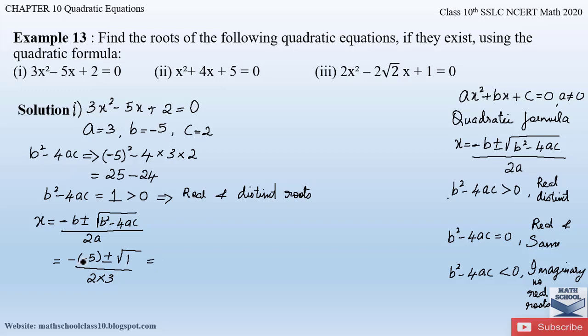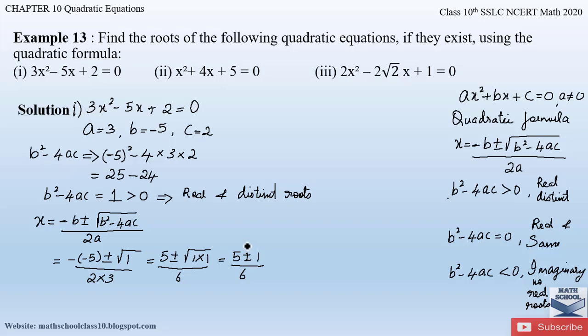So minus into minus becomes plus, 5 plus or minus square root of 1. 1 can be written as 1 into 1, so the pair of same numbers comes out of the square root. Divided by 3 twos are 6. So we get 5 plus or minus 1 divided by 6.